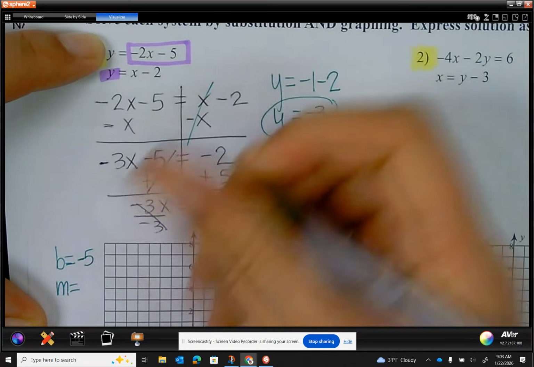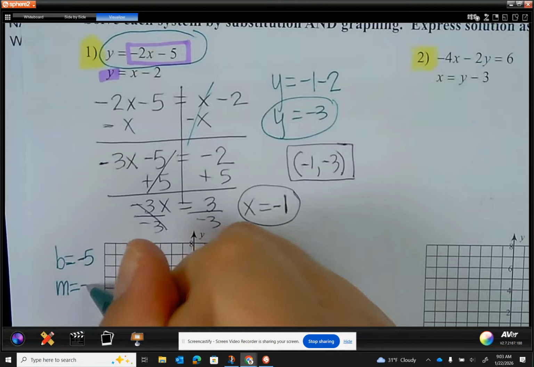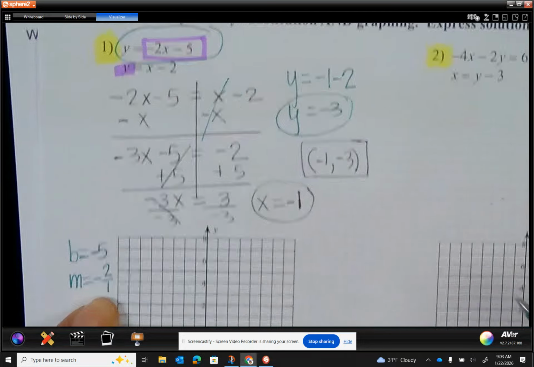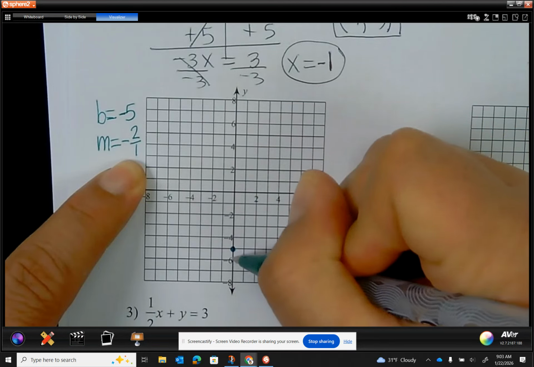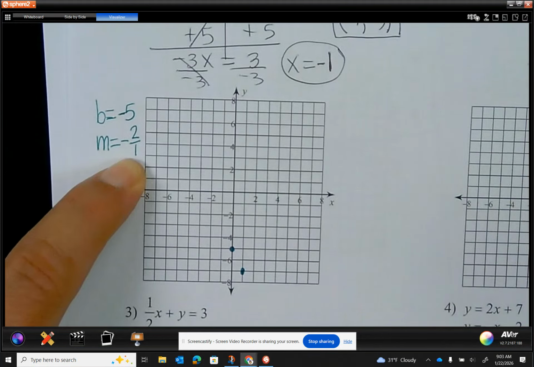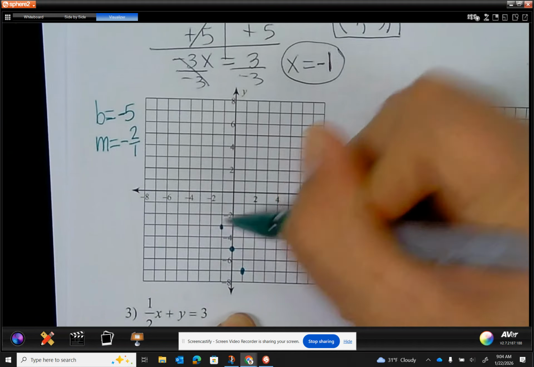What is our slope on this first equation? Negative 2. And I can make it a fraction to make it rise over run. I can go down 2 and to the right 1, but then I don't have any more room. My other option is to go up 2, left 1.